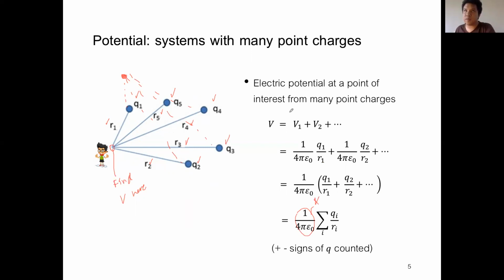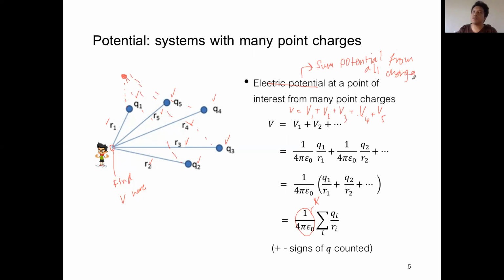If I do V, the total potential, it will be the potential from 1 plus the potential from 2 plus the potential from 3, until the last one, which is 5. So that's the total potential. We need to sum the potential from all charges.